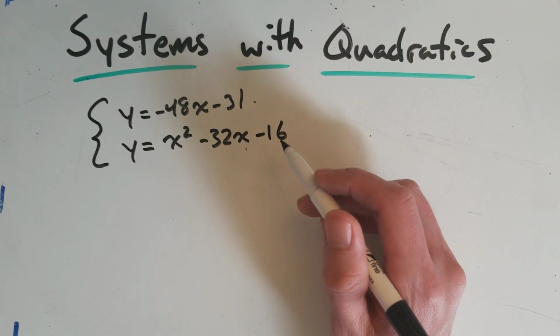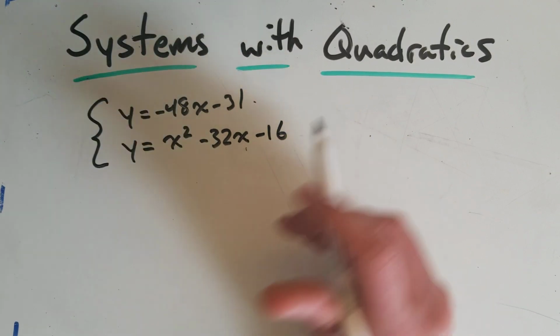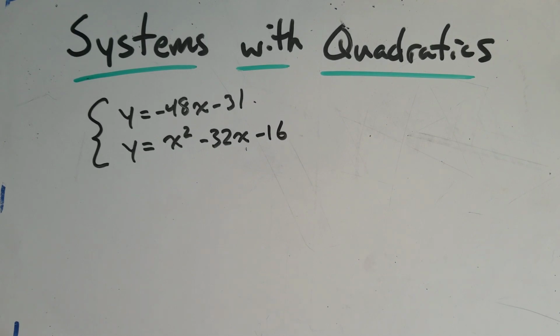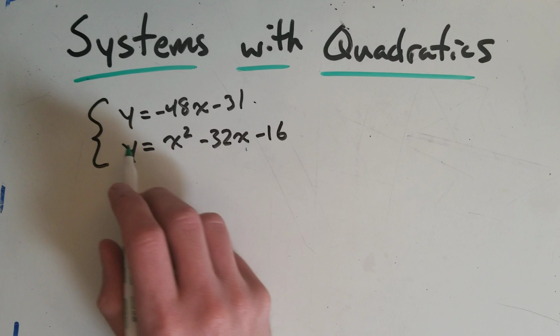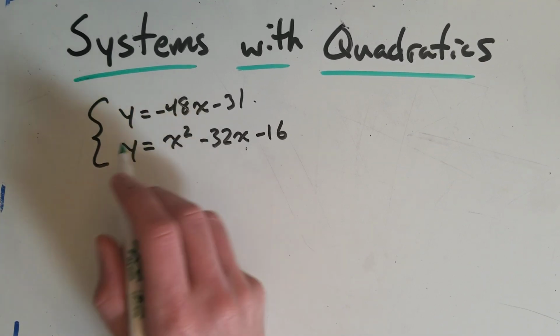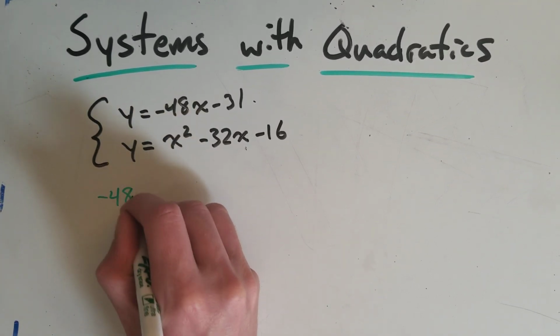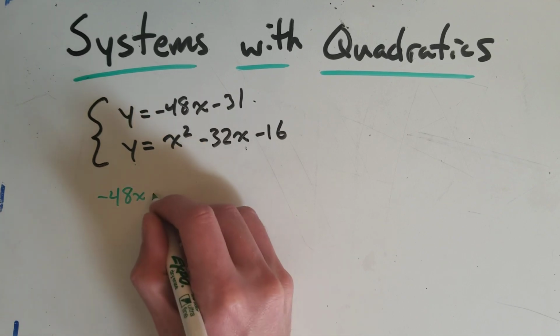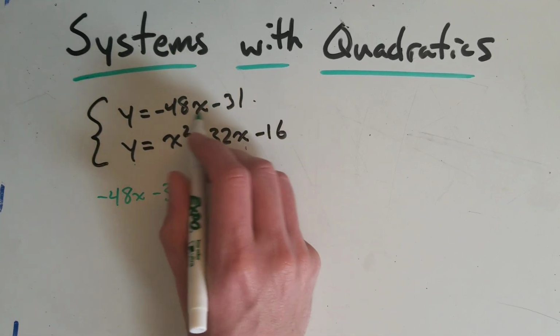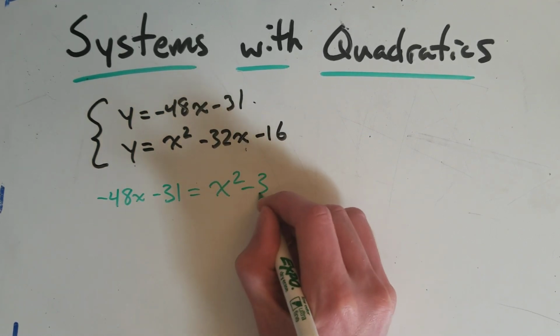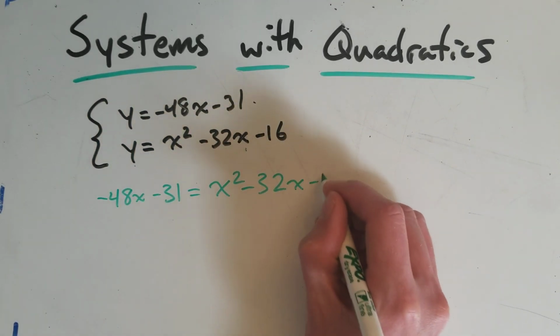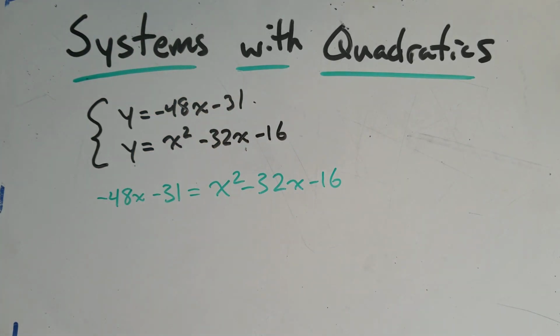So to solve this algebraically, I'm going to look and see what we have in common. They're both y equals, so I'm going to set them equal to each other, meaning I'm going to use substitution. So instead of writing y in this equation, I'm going to write negative 48x minus 31. I'm substituting that down here, equals x squared minus 32x minus 16.